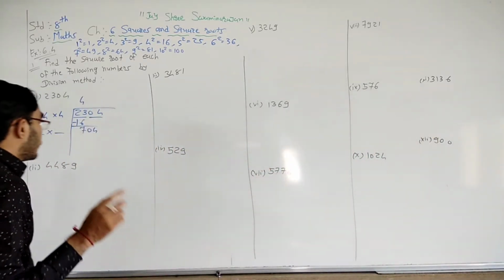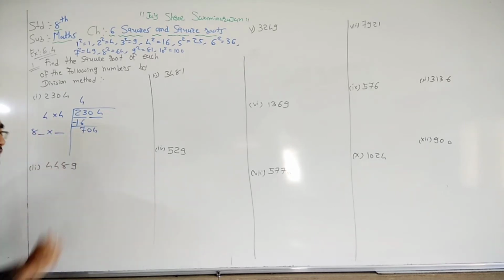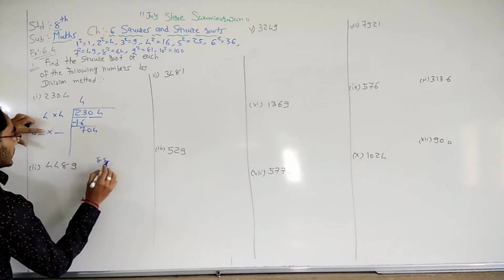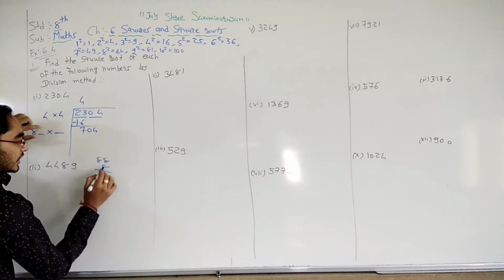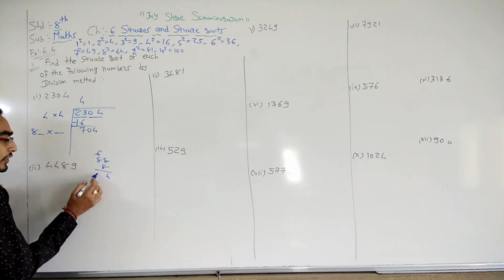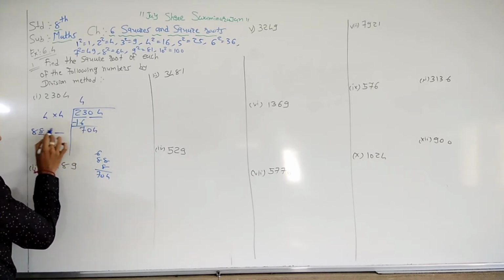Now we need to estimate which digit to put here so that we get 704. Let's try out some numbers. Try 8. So 88 multiplied by 8. 8 eights are 64, remainder 6. 8 eights are 64 plus 6, 70. Yes, it becomes 704. So put 8 here.